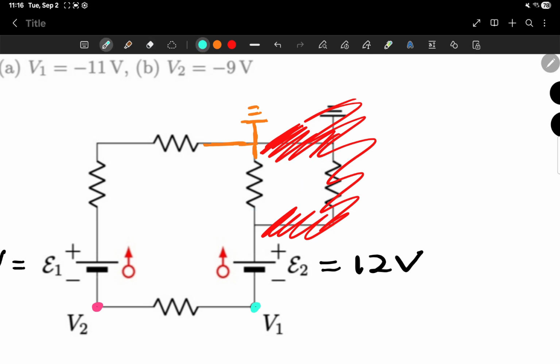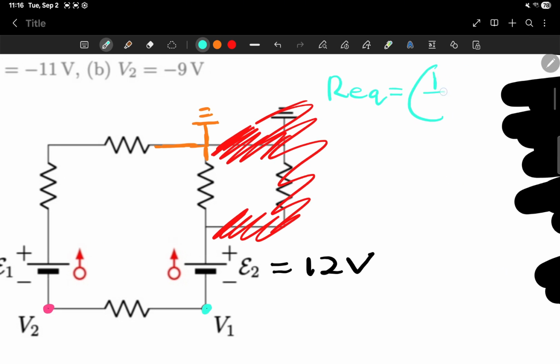So we have to use the parallel rule for resistance, which is going to be 1/2 plus 1/2, inverse. So 0.5 plus 0.5 is 1, and the inverse of 1 is just 1. So this new resistor we have here has a resistance of 1 ohm.